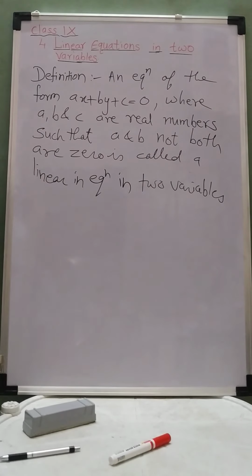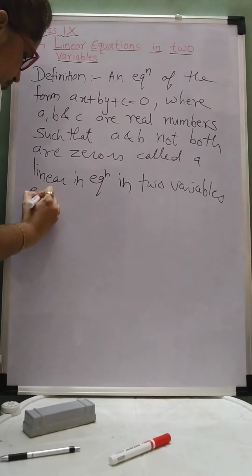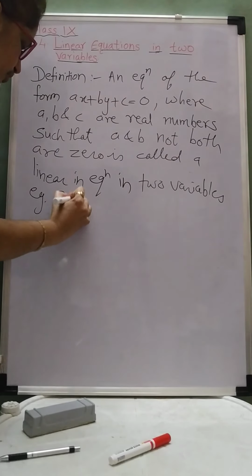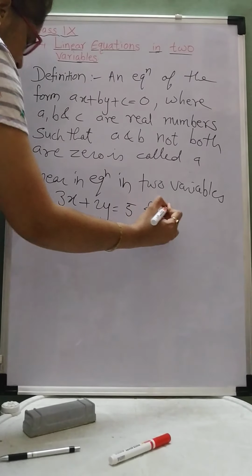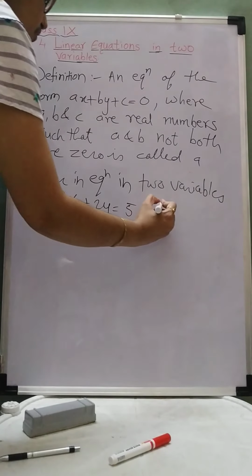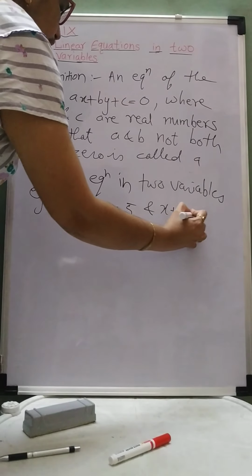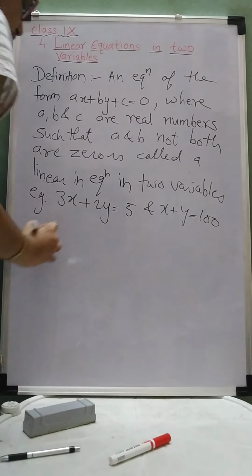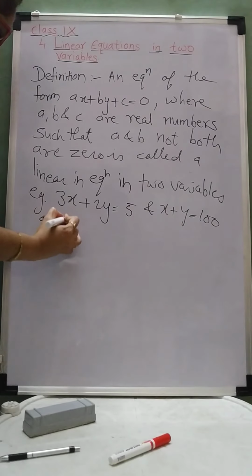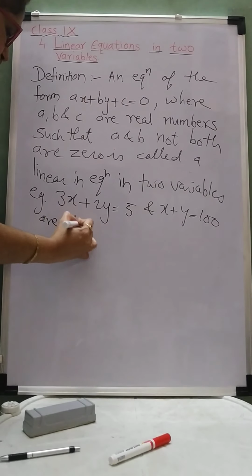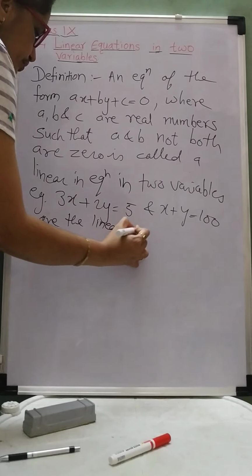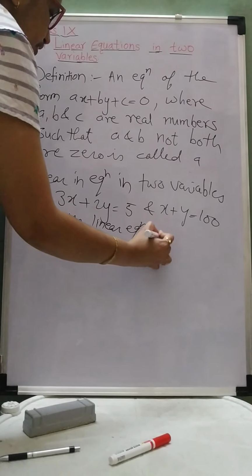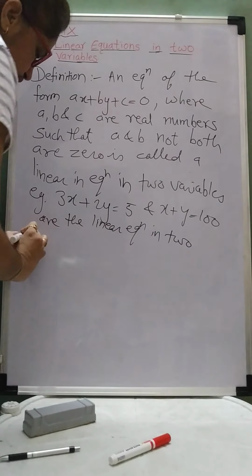For example, 3x plus 2y is equal to 5 and x plus y is equal to 100 are linear equations in two variables.